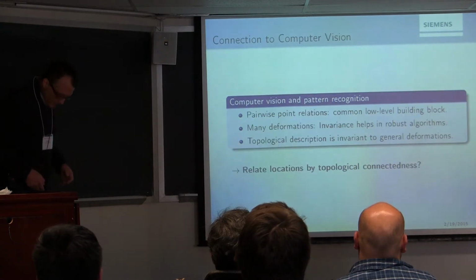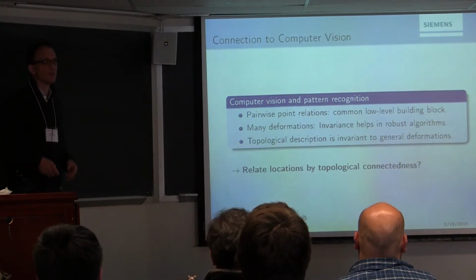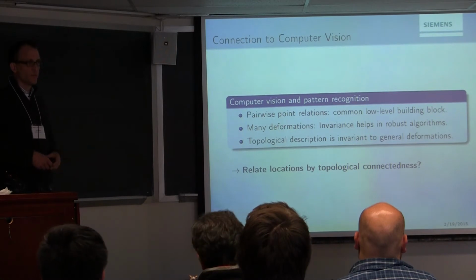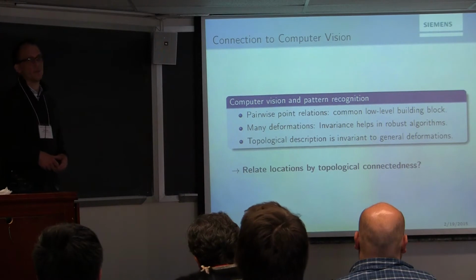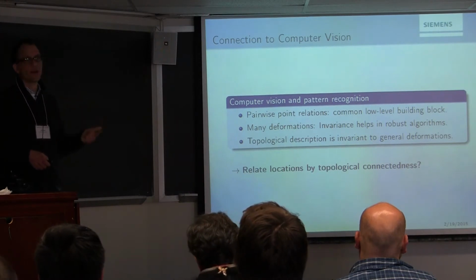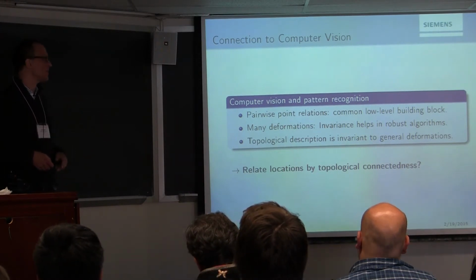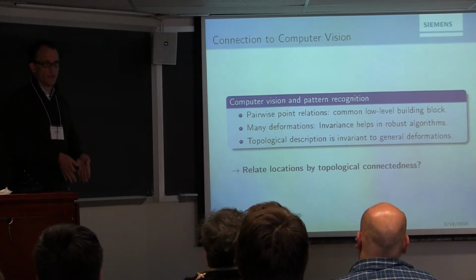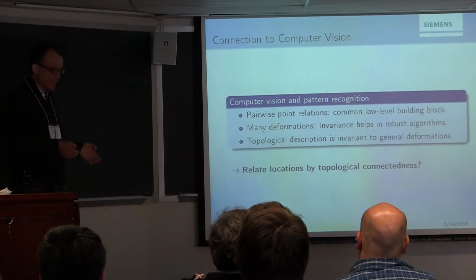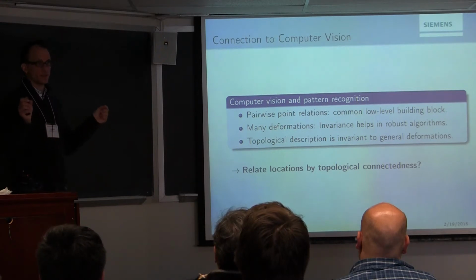So now, what is the connection to, in this case, computer vision and pattern recognition? If you look at your typical computer vision algorithm, things like segmentation, tracking, object recognition, and so on, then you will find that if you drill down deep enough into the algorithm, at some point you will be relating 2 points in a signal space.